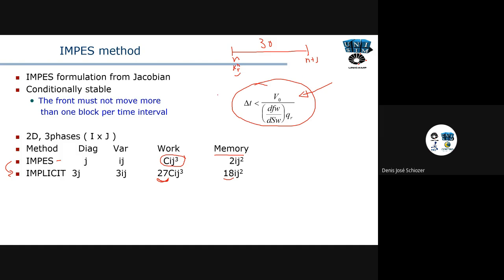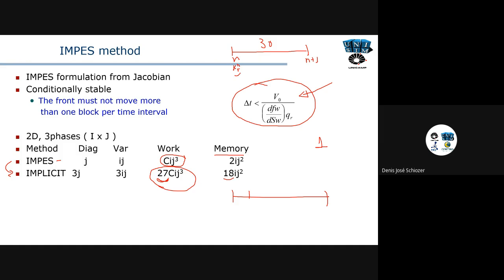So normally, when we have an implicit solution, we have smaller time steps. So again, we have to be careful, because we have to solve just one equation instead of 3. So the solution is 20 times faster, 27 times faster. But if my time step is, I don't know, 20 times smaller, then I have to check which is the best solution to use, okay?